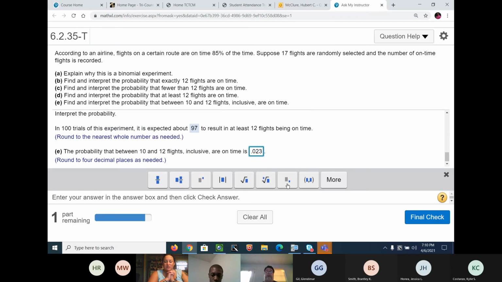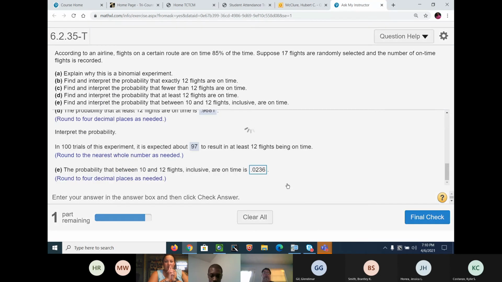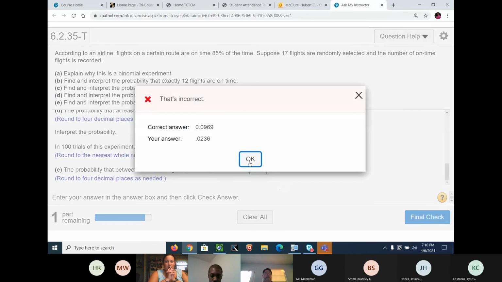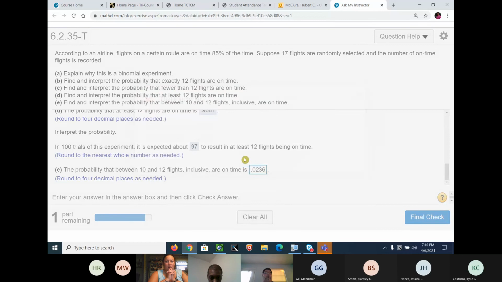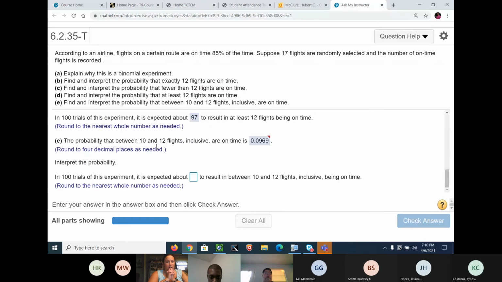What did we do wrong? Okay, I don't have any idea what we did wrong. I didn't get that. Find and interpret the probability that between 10 and 12 flights. Oh, shoot. It says inclusive.